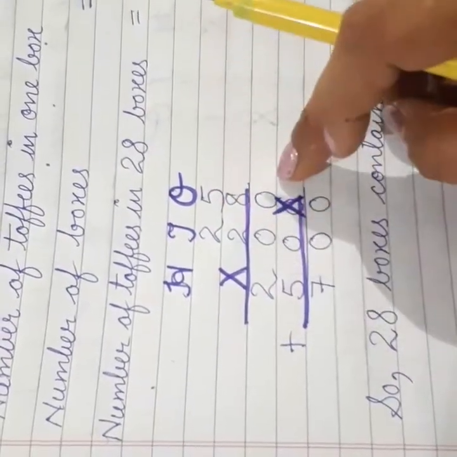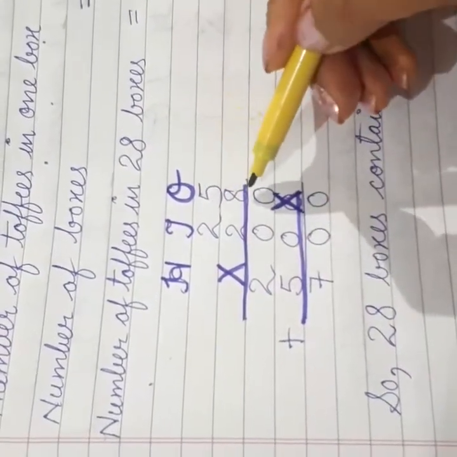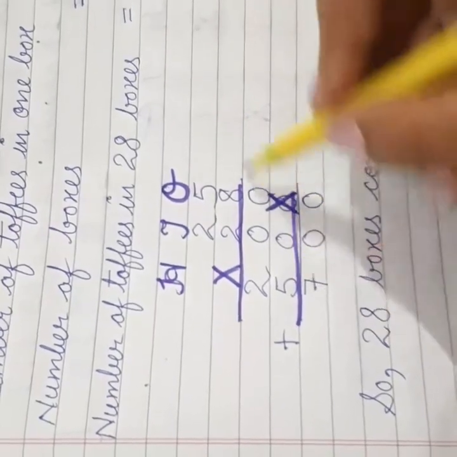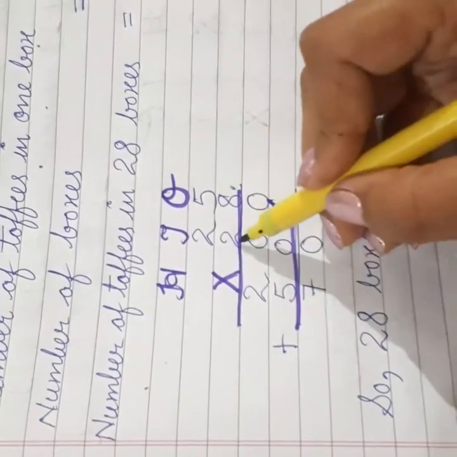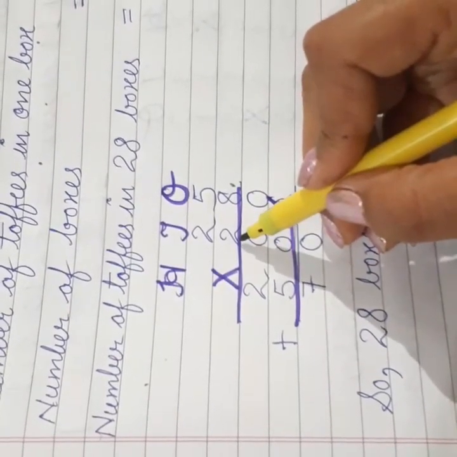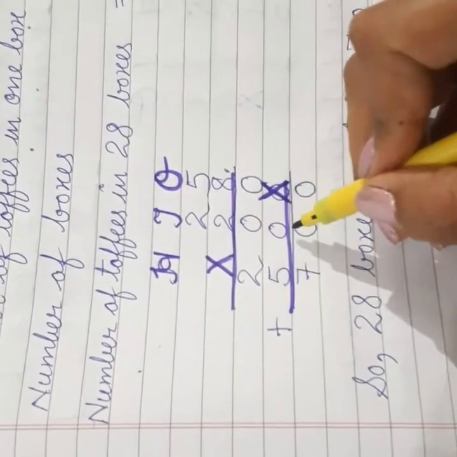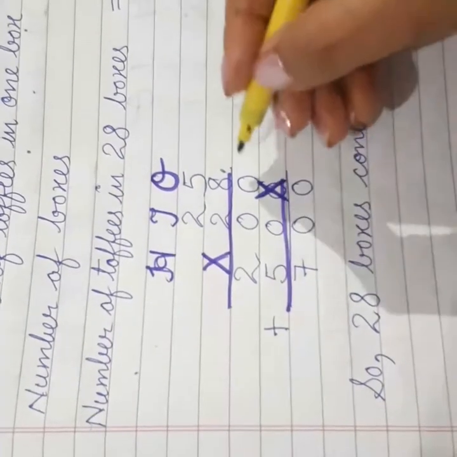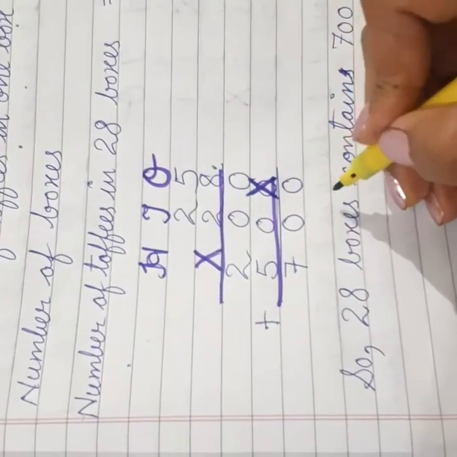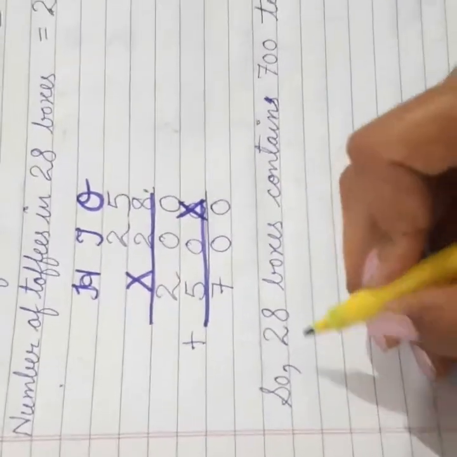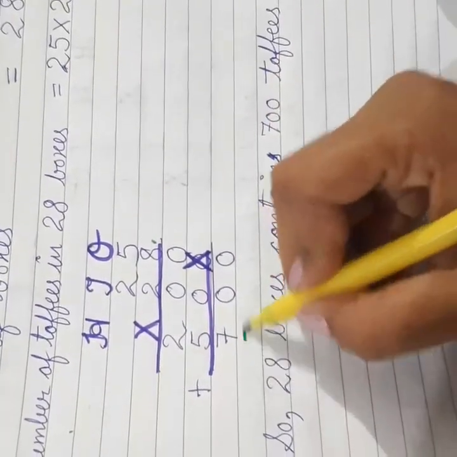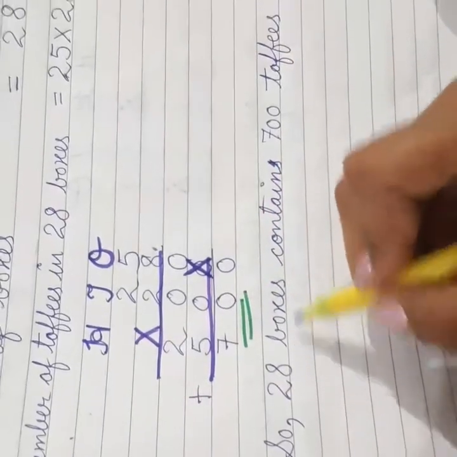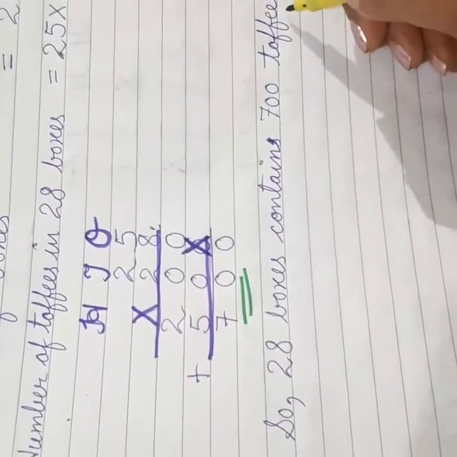First you multiply with 8, you get 200. Then you multiply with 2, you get 50. Then you add and you will get your answer. So that means 28 boxes contain 700 toffees. This is your answer.